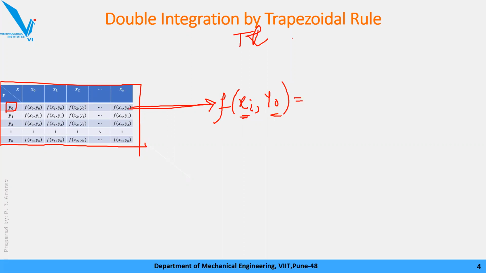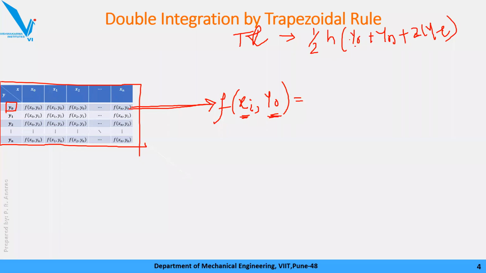Now the trapezoidal rule formula is like this: 1 by 2 times h into y0 plus yn plus 2 times yr, and this program flow chart we have seen earlier. Now this y0, don't get confused between this table and this y0.